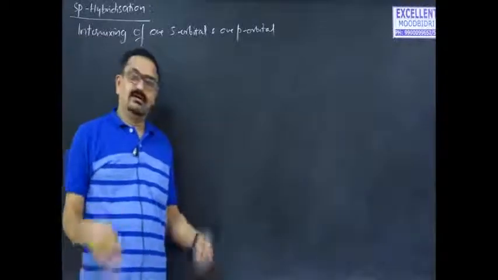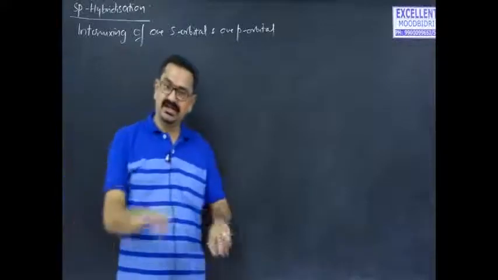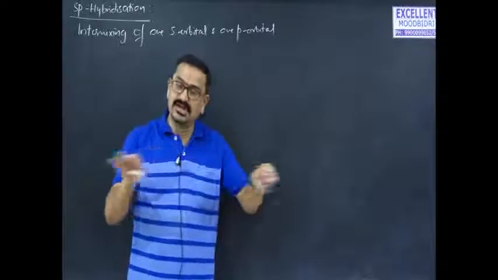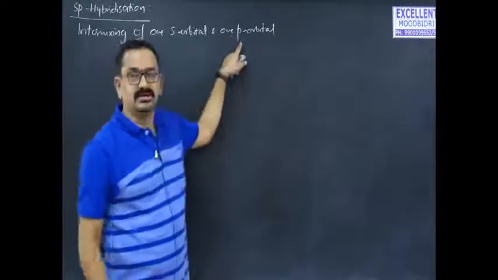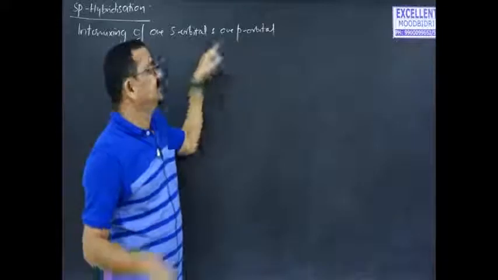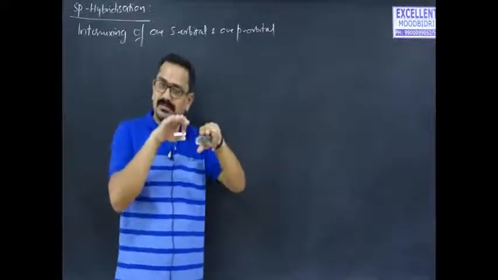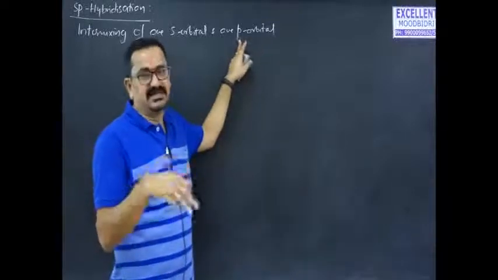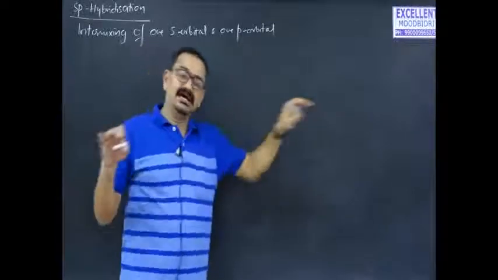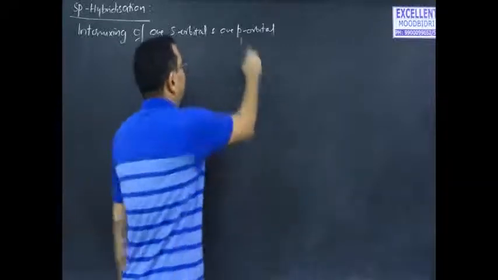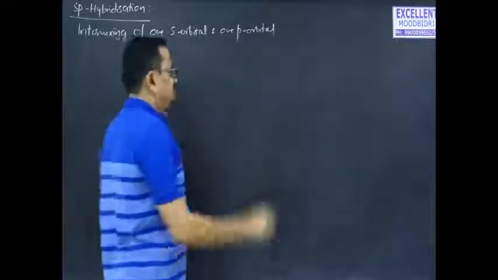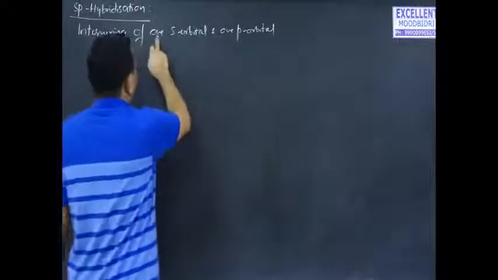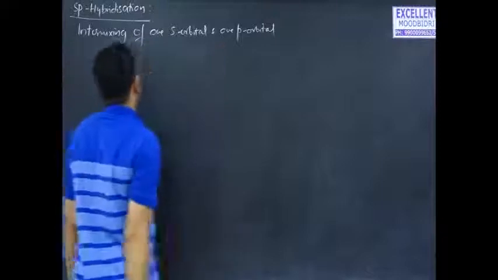If the obtained hybrid orbitals have to orient along the x-axis, then the px orbital is taken to get hybridized. If along the y-axis, py; z-axis means pz. According to the direction in which the hybrid orbitals orient, the corresponding p orbital will be taken. Suppose the orbitals have to orient along the z-axis, then intermixing of one s orbital and one p orbital takes place.